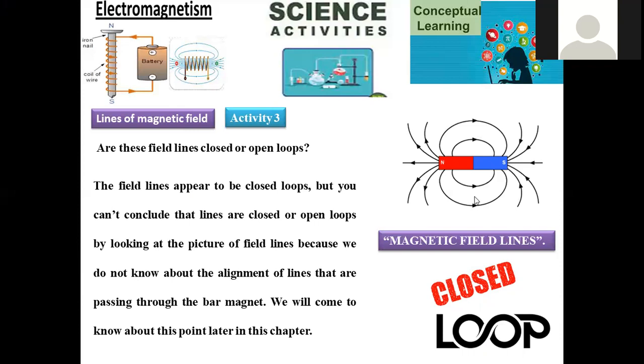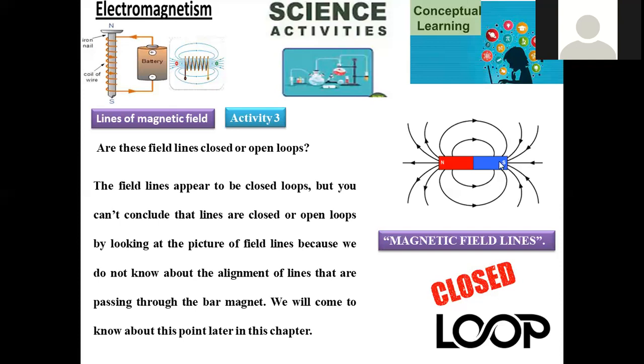But when we go deeper into this concept, it will not give the complete information. We can't assign whether it is closed or open just by seeing, but that needs some scientific assumptions. In general, we can say it is a closed one.